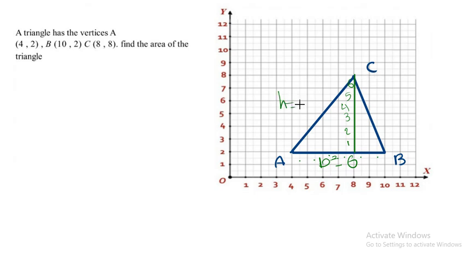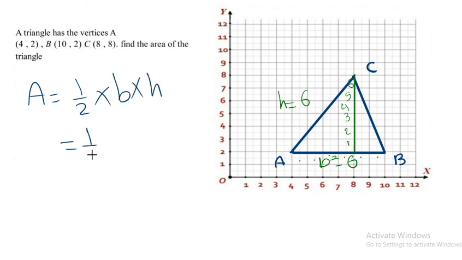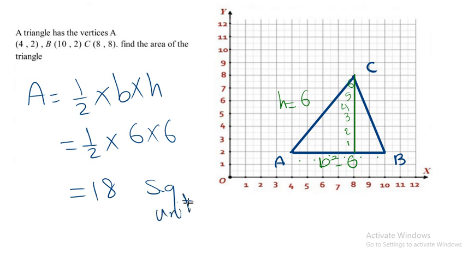Then H equals 6. So the area equals half times base times height, equals half times 6 times 6, equals 18 square units.